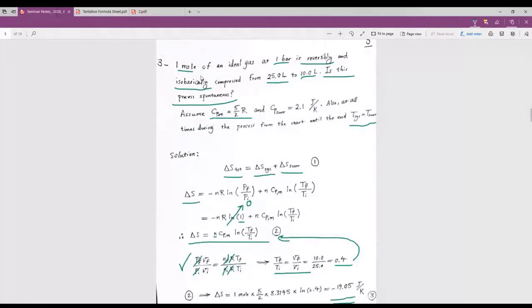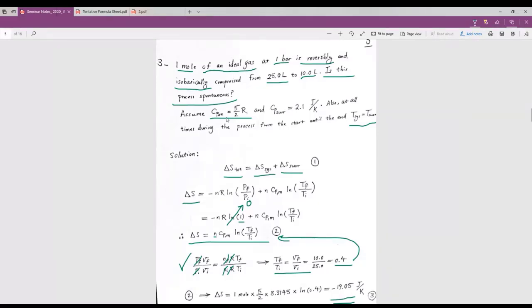Okay, if I go back to the question, it says 1 mole of an ideal gas, which means that this is the system. This is inside the system. So the state of the matter of the system is ideal gas.